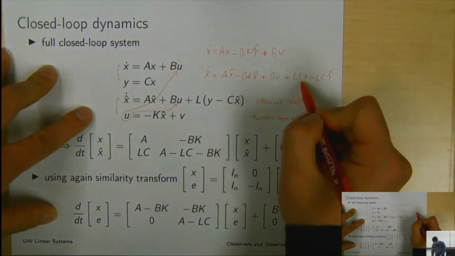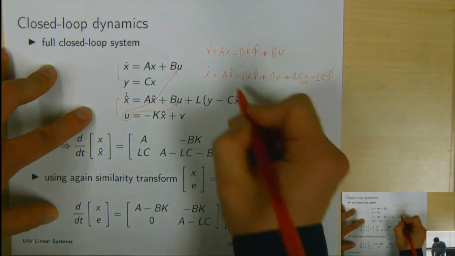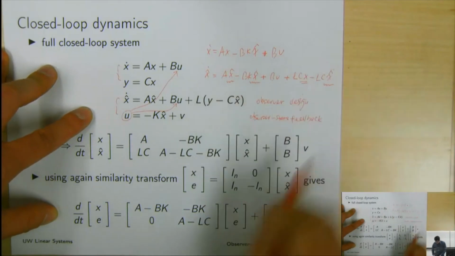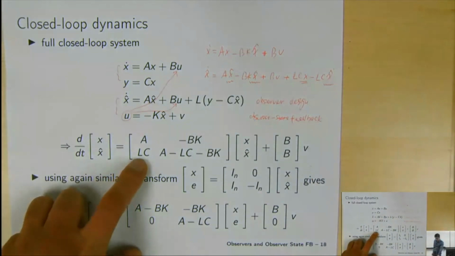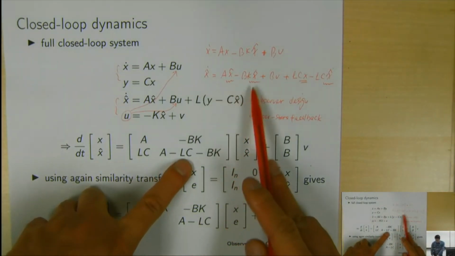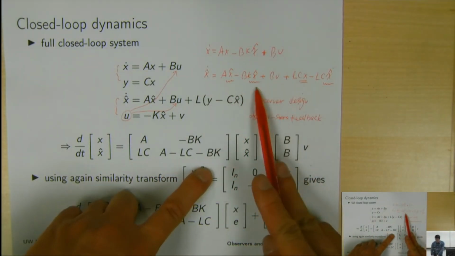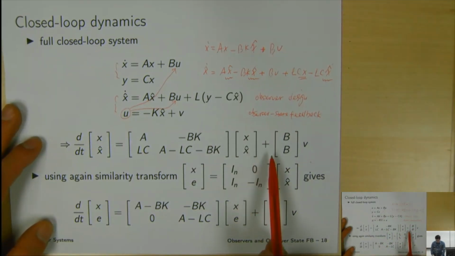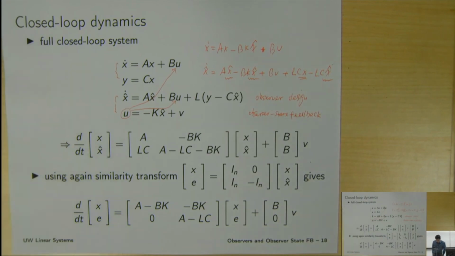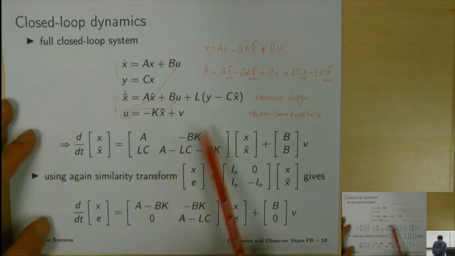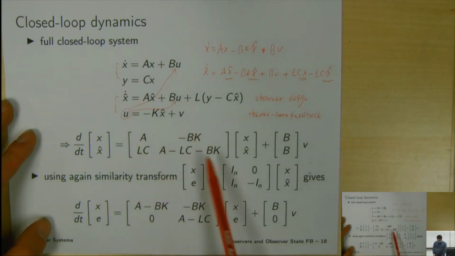So it contains one term about x, and it contains three terms about x hat. So we can write it as LC times x, and then A minus LC minus BK times x hat, and then plus Bv.